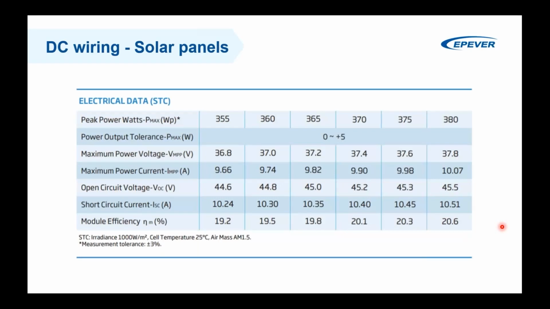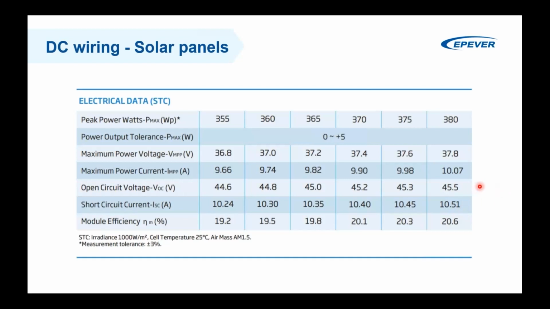And when choosing the solar panels, as mentioned before, you have to be careful about the specifications of the solar panel that you choose. One of those specifications is the peak power that you see here. So if, for example, I choose this PV module, the peak power would be 380 watts, the open circuit voltage would be 45.5, and the short circuit current would be 10.51.